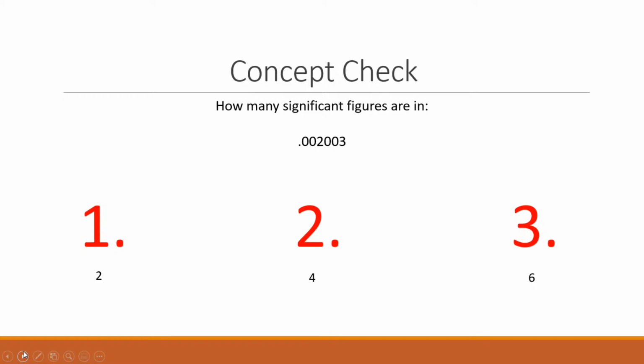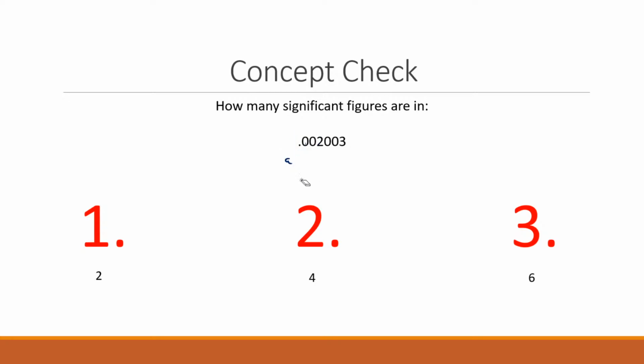For this one, we have two different types of zeros. We have two zeros in the front. We have leading zeros. These zeros are there as placeholders. They are not significant. They're there to show me the scale of the number.